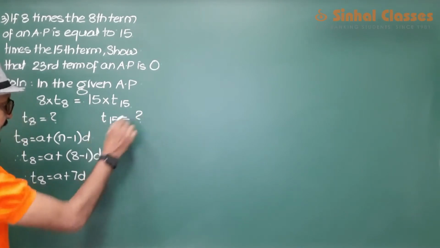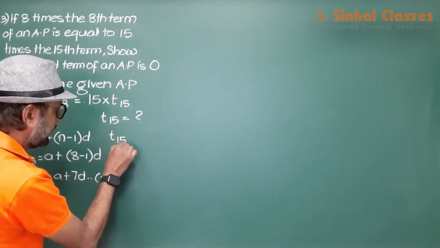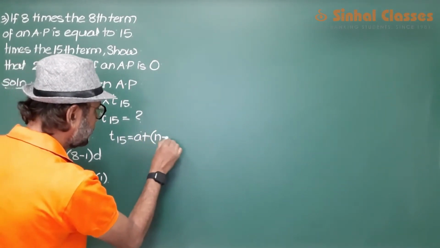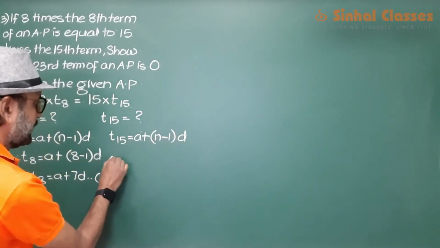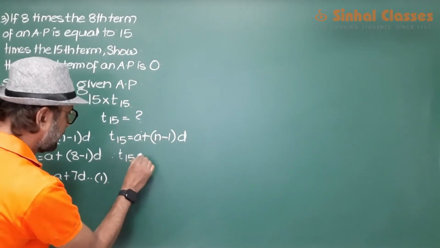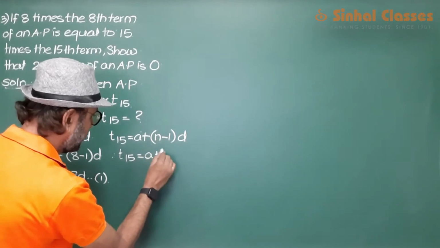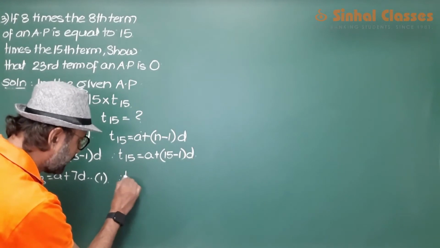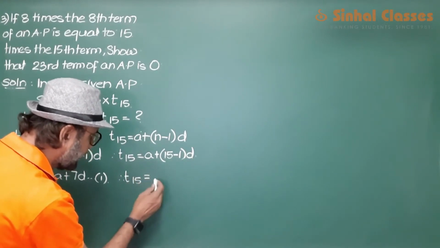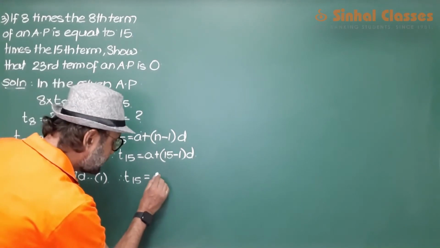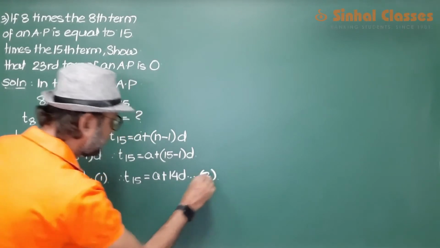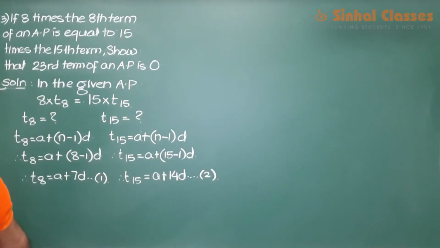And here T15 is equal to a plus n minus 1 into d. T15 is equal to a plus 15 minus 1 into d. So T15 is equal to a plus 14d. Now we can see here that we have found out how much should be the 8th term.